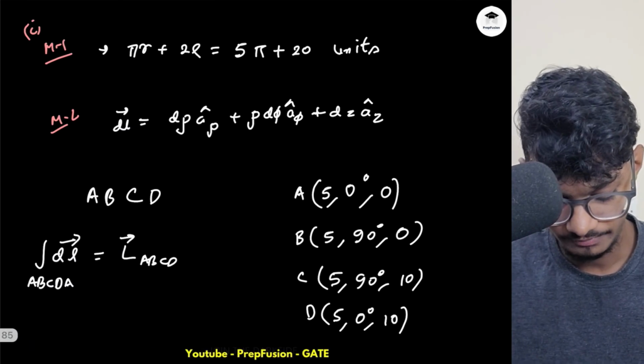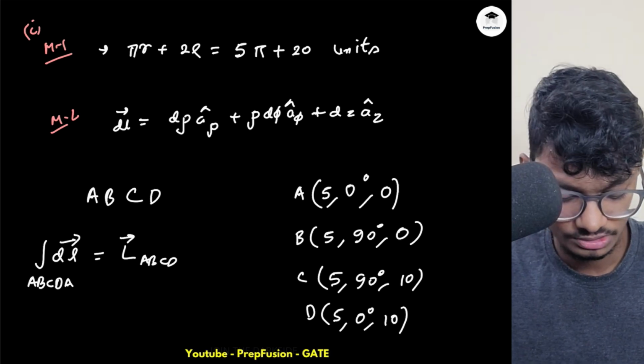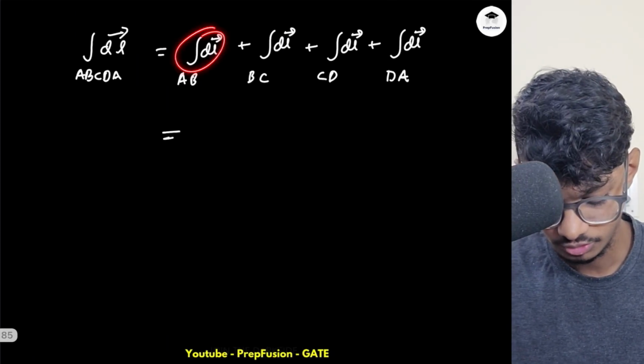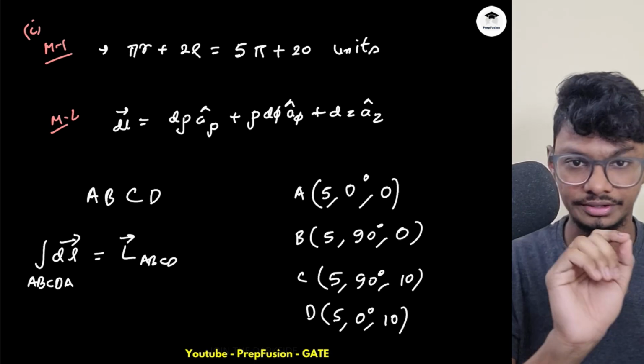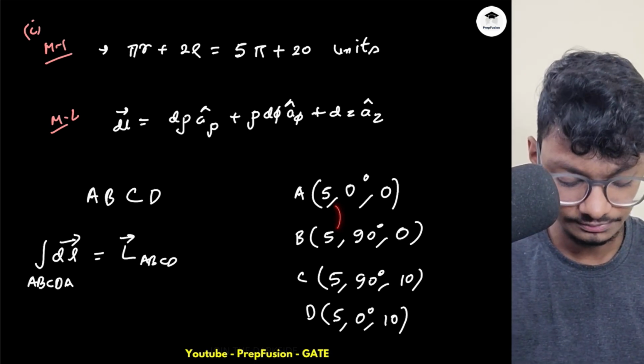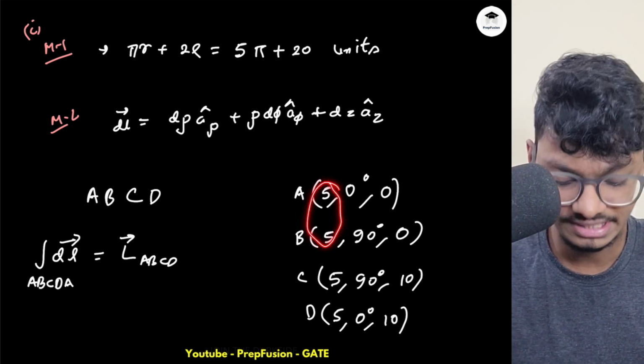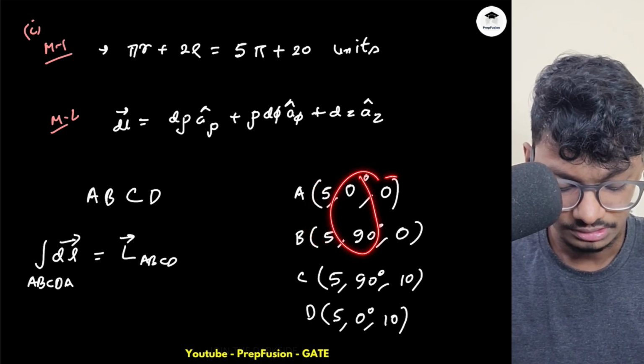So what is A to B? What is changing from A to B? Rho is the same, phi is changing, and z is the same.